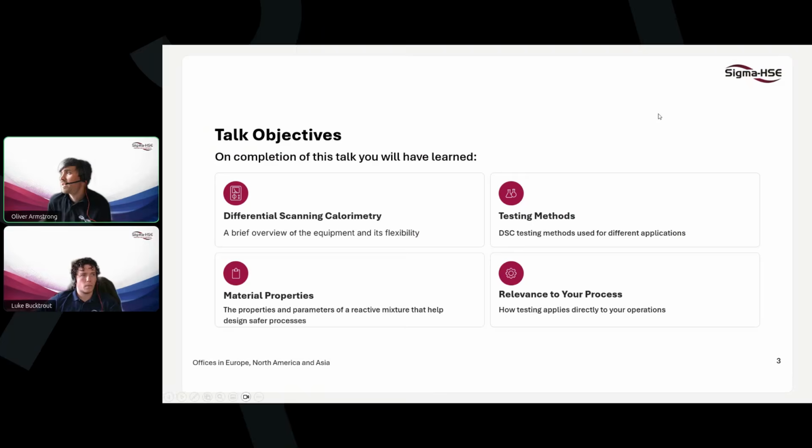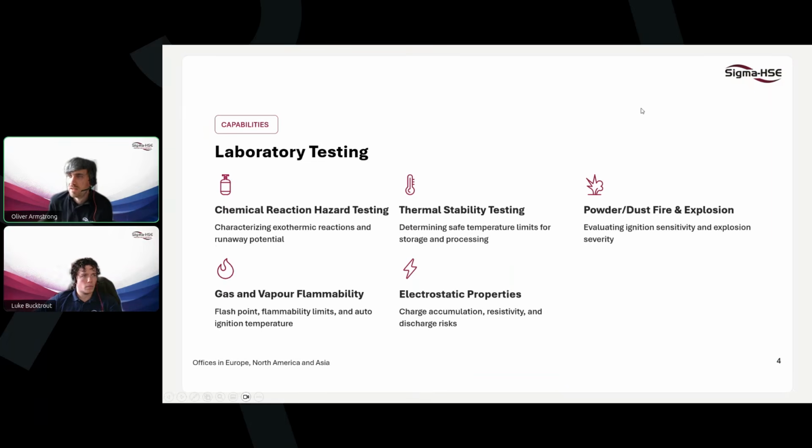So Luke, if you'd like to take the next slide, we'll jump into what we do here at Sigma. Just a brief overview of the testing capabilities we have here at Sigma. Obviously, this presentation focuses on the differential scanning calorimeter, but this is just a small part of the chemical reaction hazard testing that we can offer. We also have reaction calorimetry and adiabatic testing, which are all essential for designing and fully understanding your process.